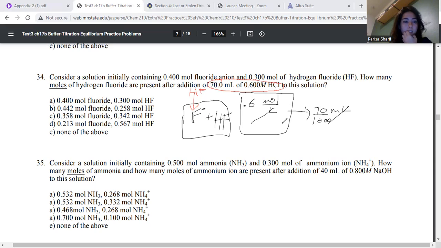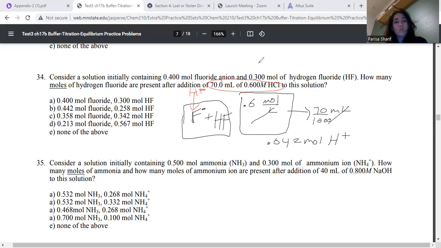I think that should be something, let's check it out real quick. Okay, so that's 0.042 moles. So that's how many moles of H plus were added.